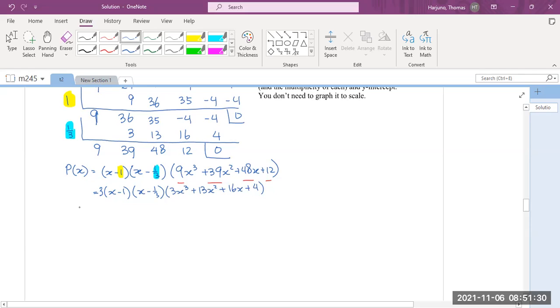Now, from there we do that synthetic division again with 3, 13, 16, 4.